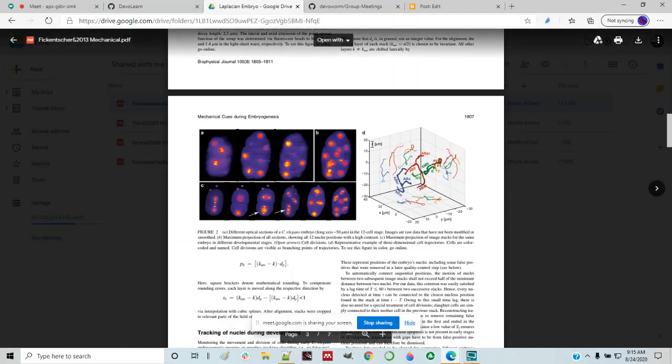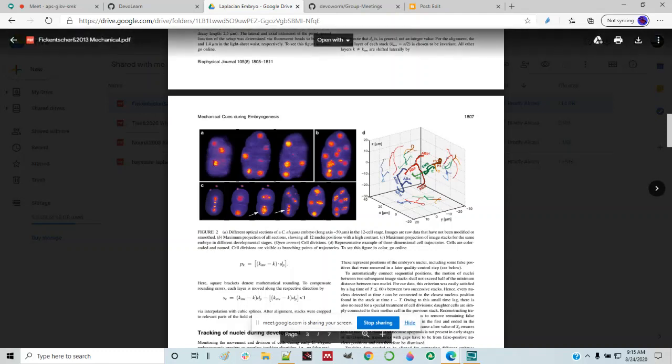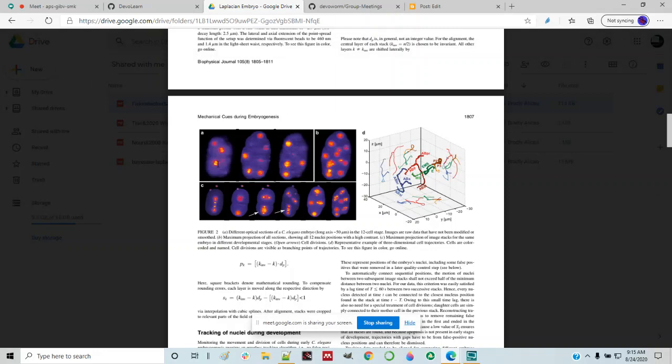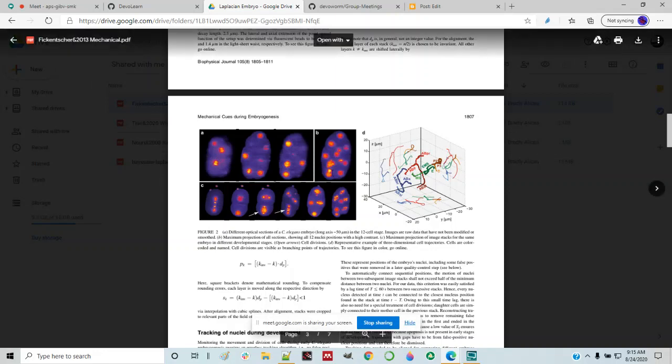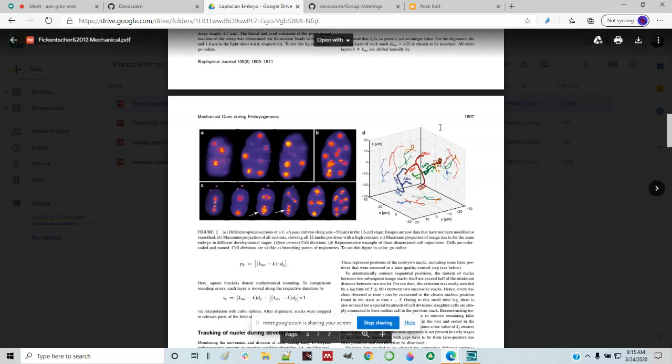It looks like something Mayukh made a couple weeks ago, where you have this three-dimensional space. You have these cells, and you put a reference frame around these points, and then you track the cells, and you find that they have this trajectory.